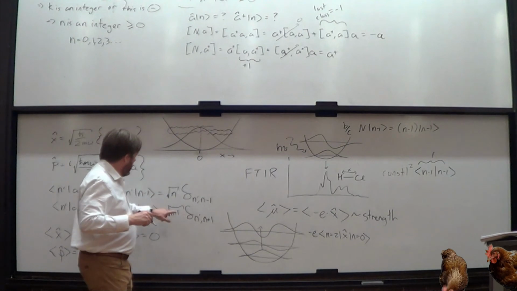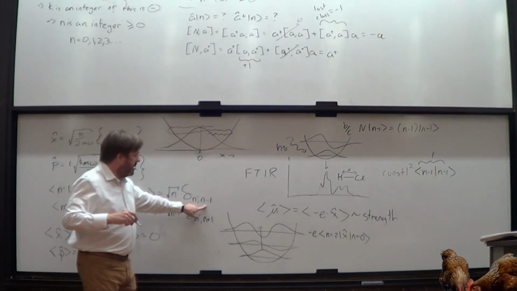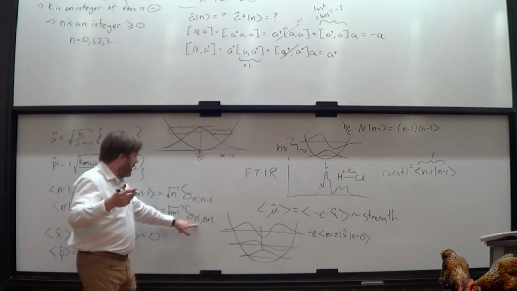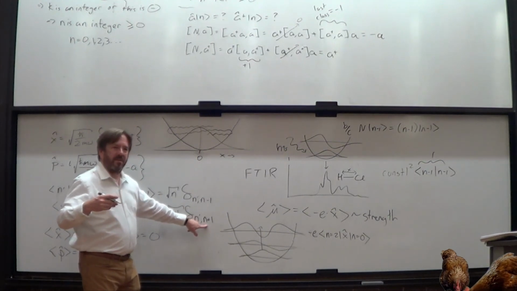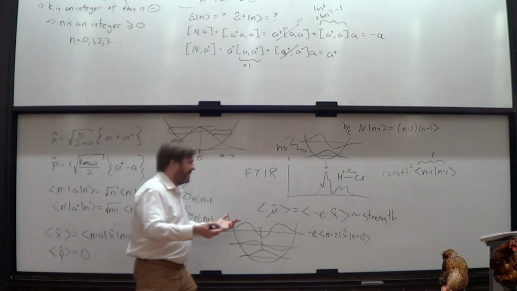So the excited state either has to be one below the ground state, which is not ever true. That's impossible. Or it has to be one above the ground state.